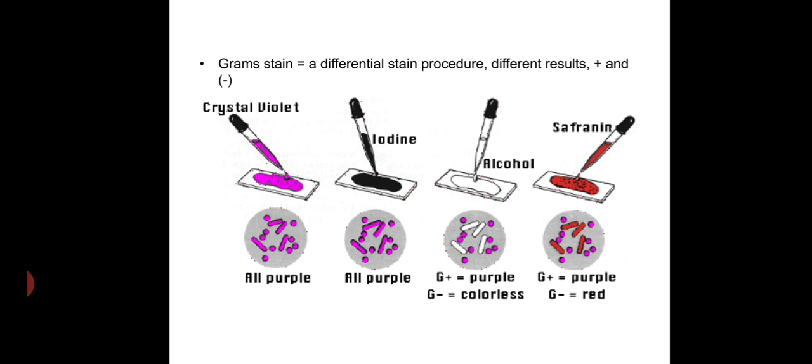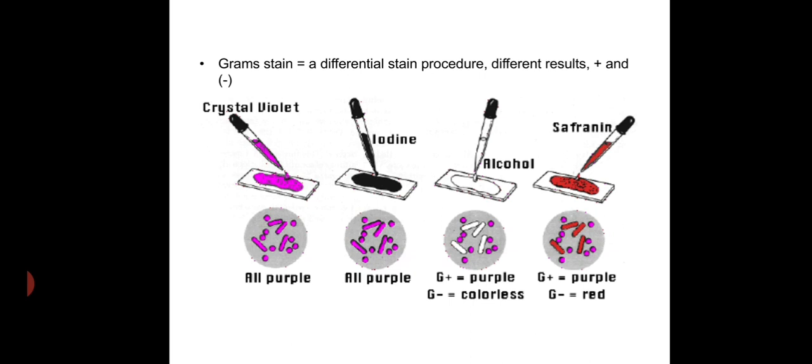Again, Gram stain is a differential staining procedure producing different results, because the bacterial colony or the bacteria can be identified based on the staining procedure. This is the procedure of Gram staining. First, the bacteria have to be stained with crystal violet, and then iodine is used.